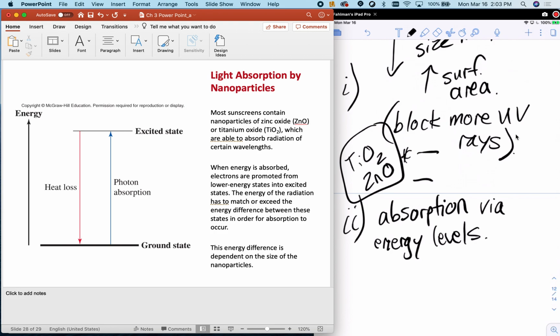So zinc oxide, for instance, as UV light comes in, will absorb it and cause an electron to be promoted from a bottom energy state to a higher energy state. So there's those couple reasons: it's a blocking effect, and it's also an electronic transition effect.